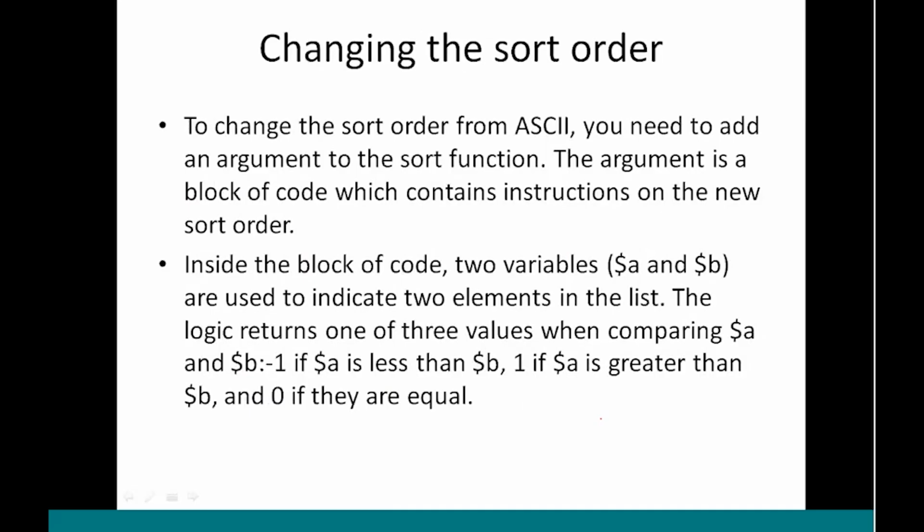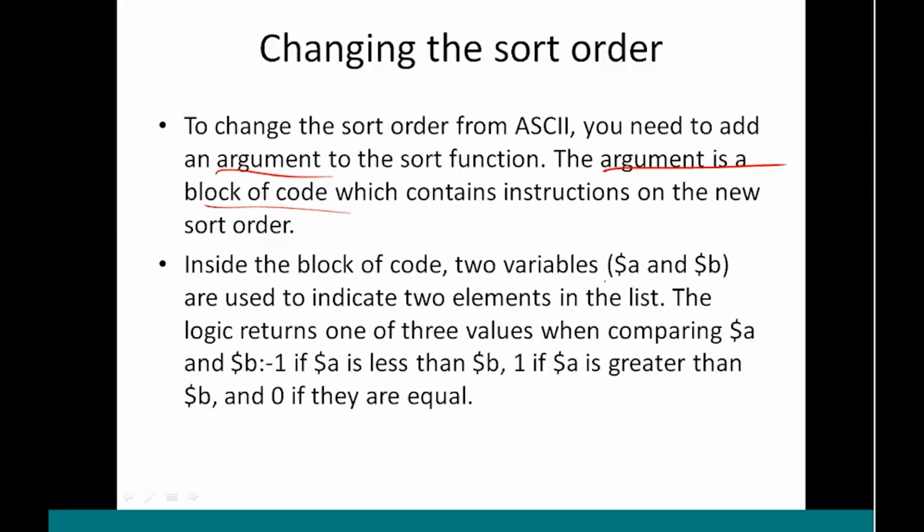Here I'm going to elaborate a little bit more on how to change the sort order. To change the sort order, you need to add an argument to the sort function. The argument is a block of code which contains instructions as to what the new sort order is.